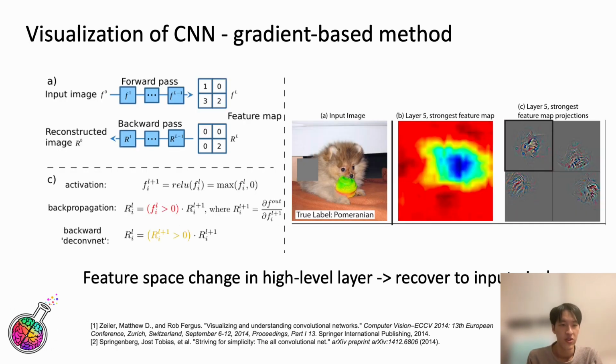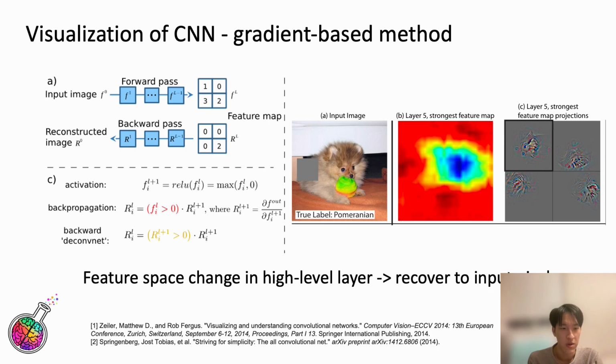Now let's introduce some typical methods for the interpretability of CNN. The first group of methods is called gradient-based methods. The motivation is that when we input the image into the convolutional layers, the resolution and the feature space have already changed a lot, and if we want to visualize the high-level hidden layers, we need to recover them into the input pixel space.